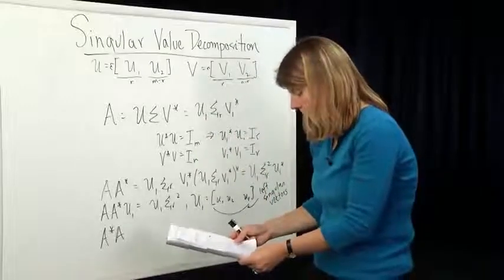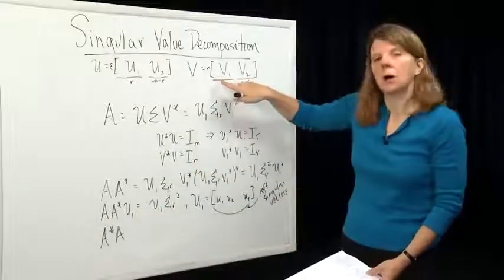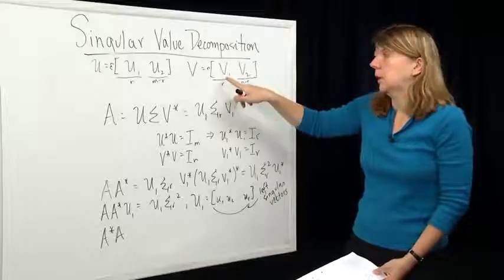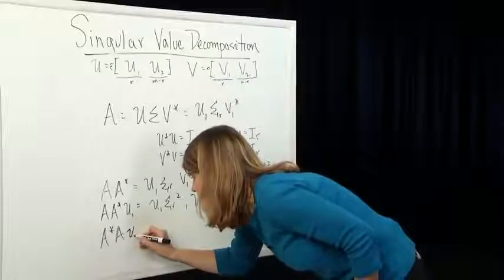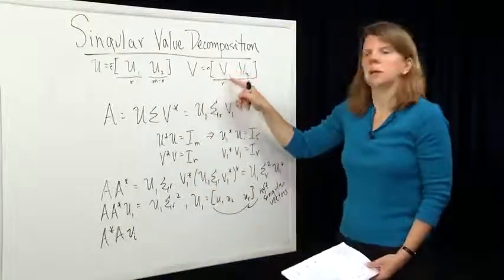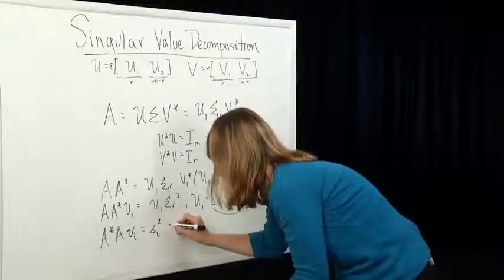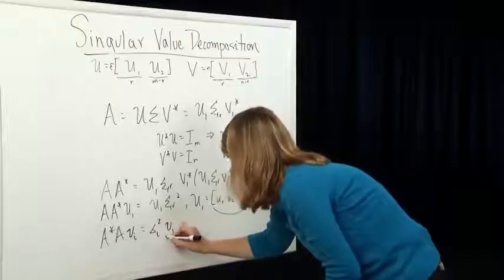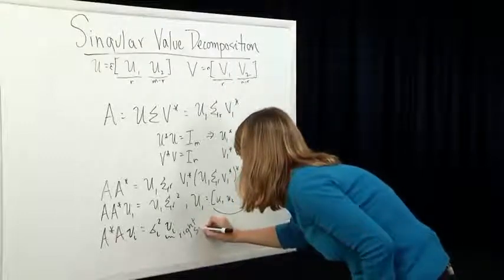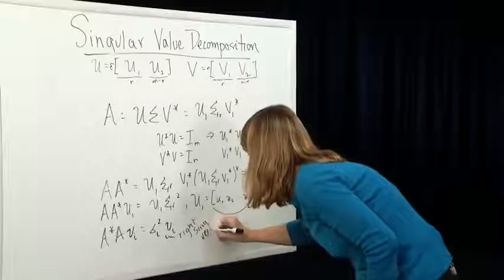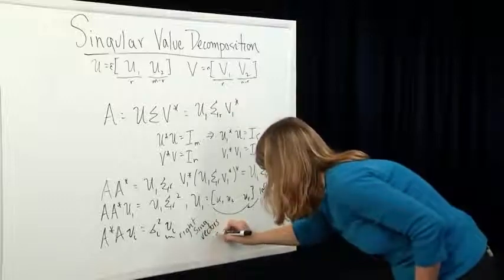A star A times v_i, where v1, v2, v3, up to v_r are the columns of the matrix V1, is equal to sigma_i squared v_i. These are called the right singular vectors of A, associated with the singular values of the matrix A.